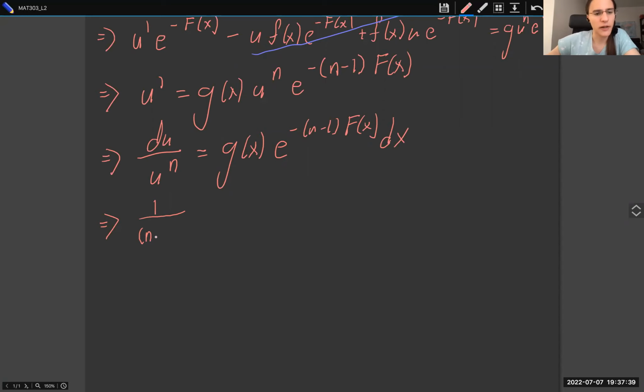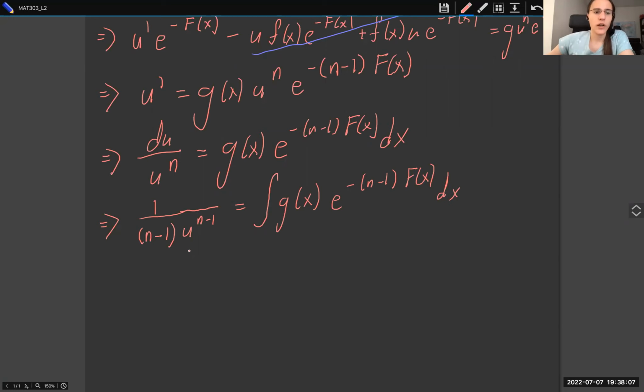Yeah, n minus 1. u to the n minus 1. You can check that my sign is right there. And so what that is equal to is the integral of g of x times e to the negative n minus 1 F of x dx.